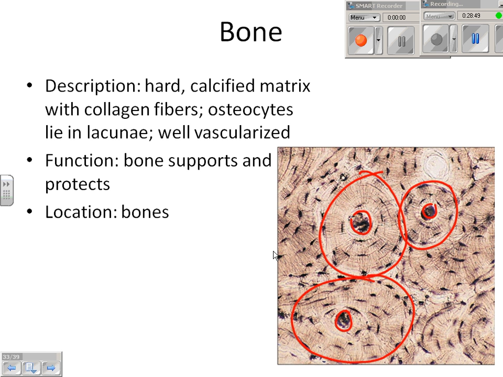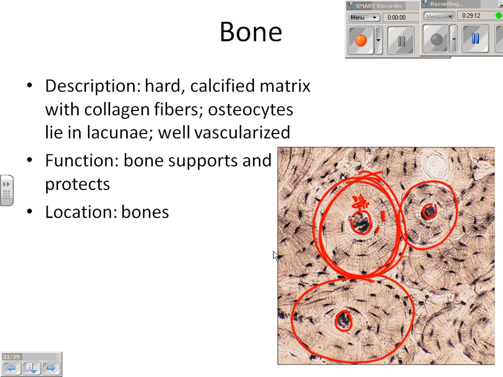And it actually has little lacuna too, and they house the little osteocytes, with little radiating lines coming out called canaliculi. So they're a little different from hyaline cartilage, and that's because it's a hard matrix, so that the blood supply can actually send nutrients and things out to the external areas of the osteon.